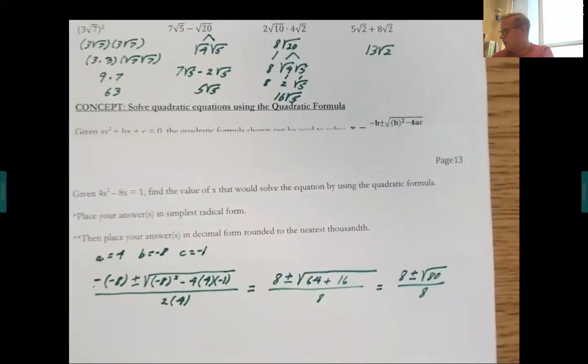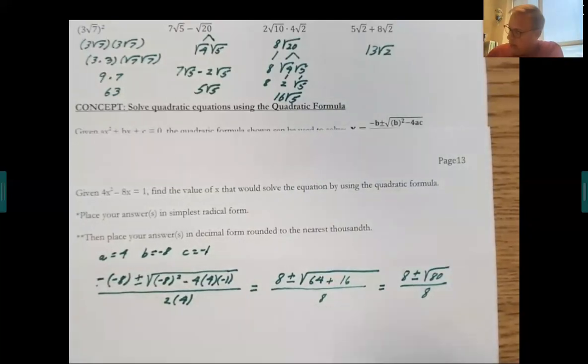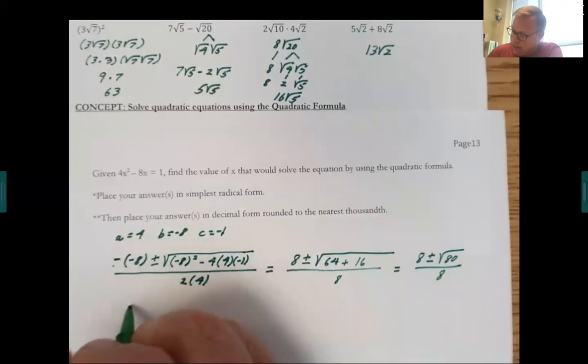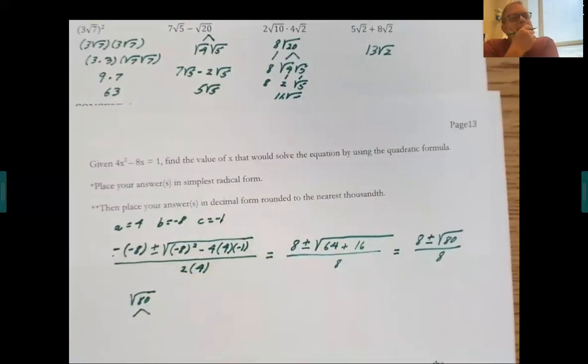And you know what? We're almost to the point where we're going to have to use our handy dandy calculator. I shall get mine out right now. But before we do, because my graphing calculator doesn't do radicals, I'm going to have to break 80 down myself. So how does 80 break down? Well, let's show a little work off to the side. Okay, 80.